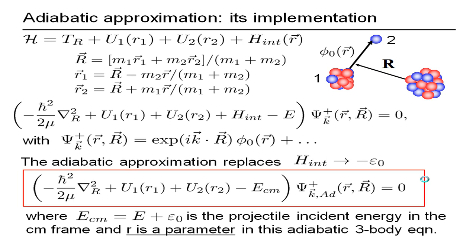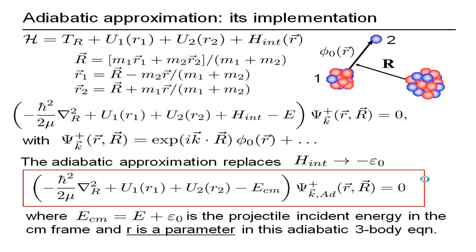Okay, now you'll see, hopefully, that in this equation R is just a parameter. Okay, no dynamics to do with R in this equation. R will appear in this potential because the radius of this potential of 2 with the target involves little r, for instance, but there's no del squared in little r. There's no differentials in little r.